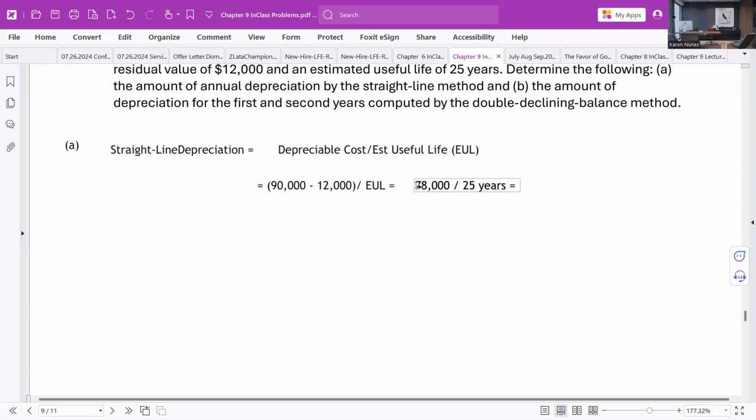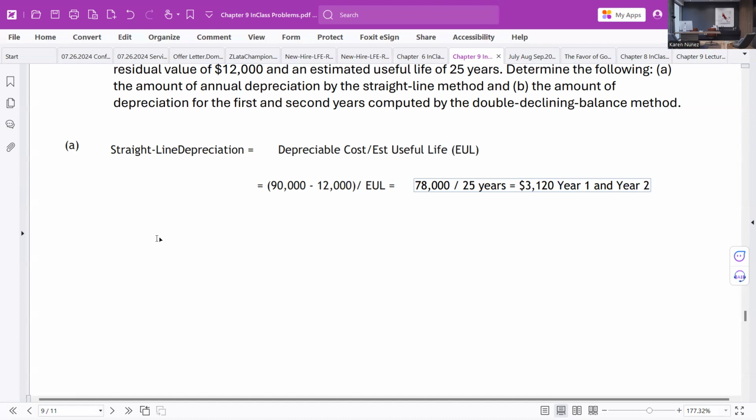Or we have the depreciation, actual depreciation expense is 3,120 in year one and year two. So the depreciation expense is that depreciable cost, which is 78,000 spread over 25 years.